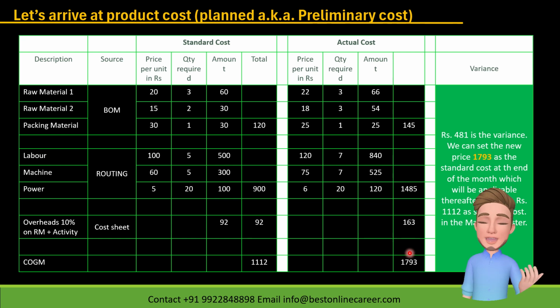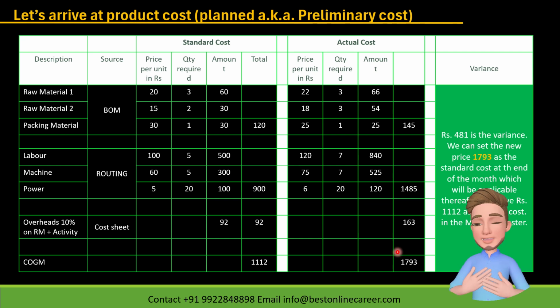Now during the month end, when I do the actual costing and then do my variance calculation, I get to know that 481 is my variance, which has to be loaded onto the product. Now, product costing helps you understand the breakup of these variances. Why did I get this variance?